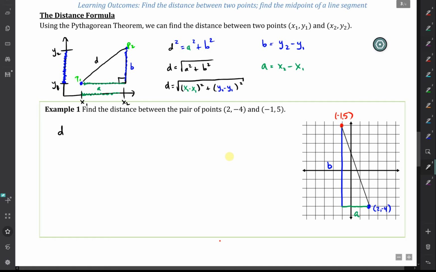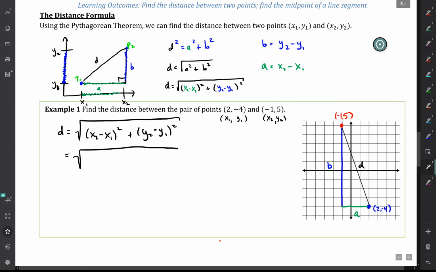So this distance d here is the square root of x2 minus x1 squared plus y2 minus y1 squared. And now I just plug in my x1 and y1s and x2 and y2. So this will be x1, that'll be y1, this will be x2, that'll be y2. And I just plug those values in and simplify.